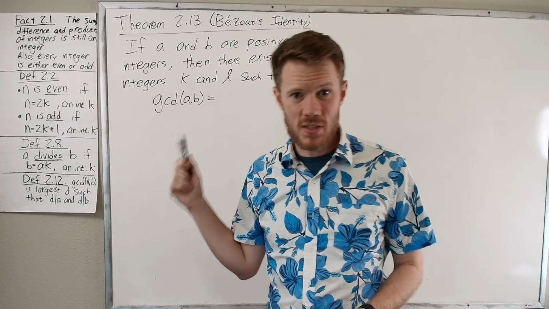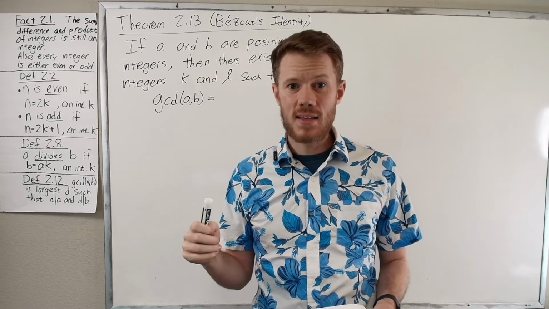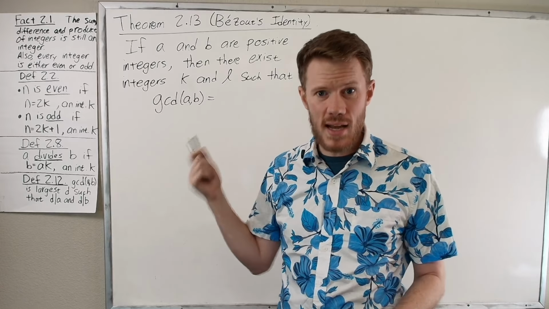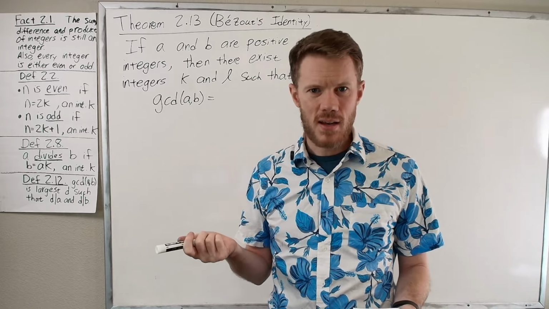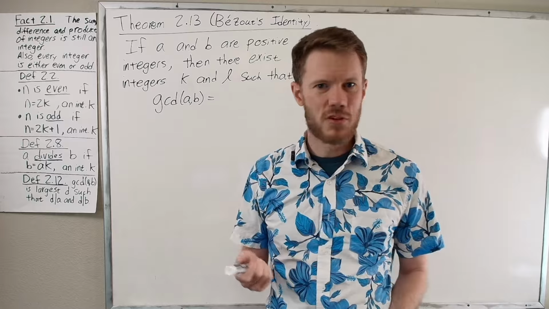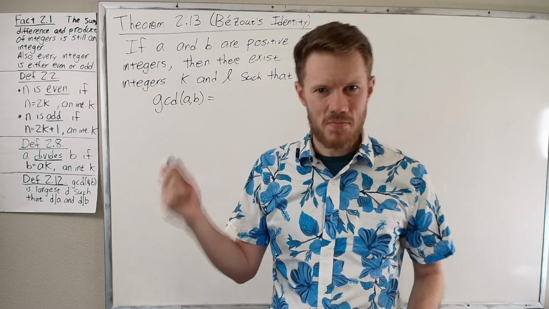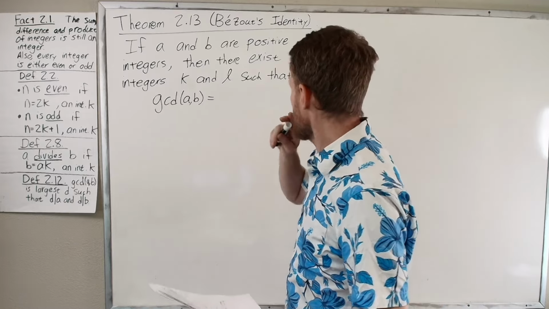Now, here, theorem 2.13 is a pretty interesting theorem. It's known as Bézout's identity after Etienne Bézout, who is an old French mathematician. I don't think he had a lot of claims to fame, but this is certainly one of them. Okay, so here's what it says.